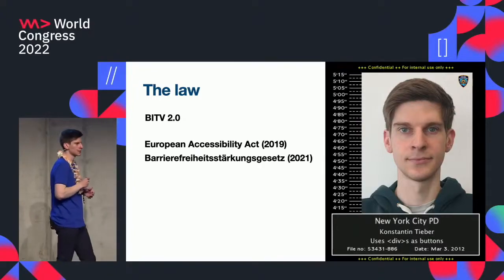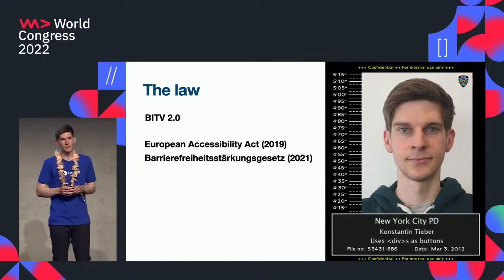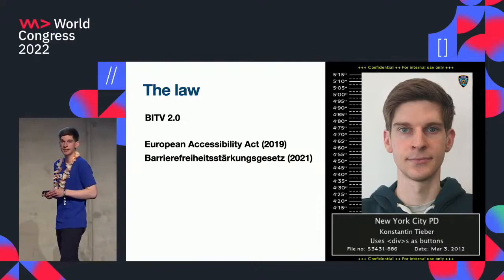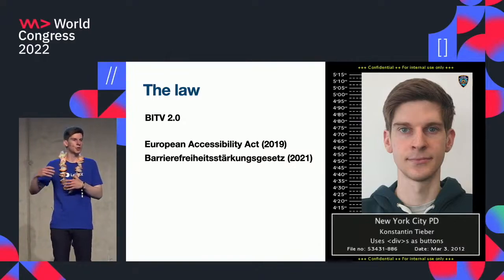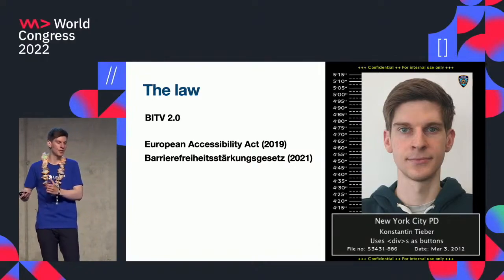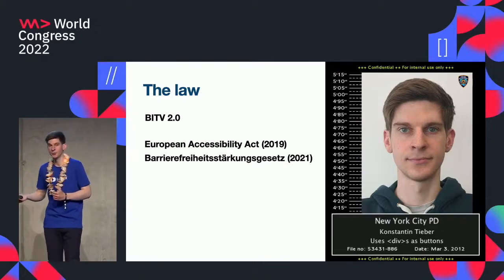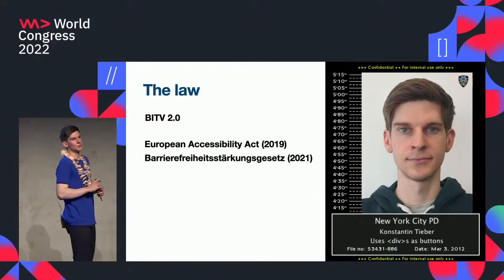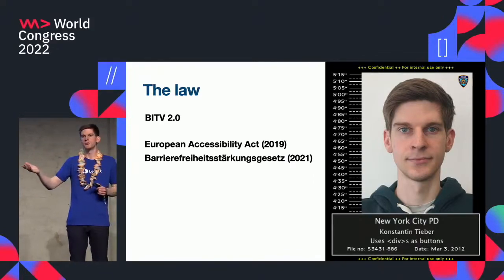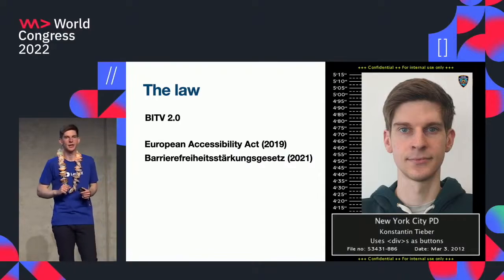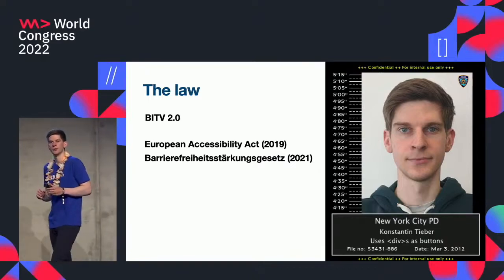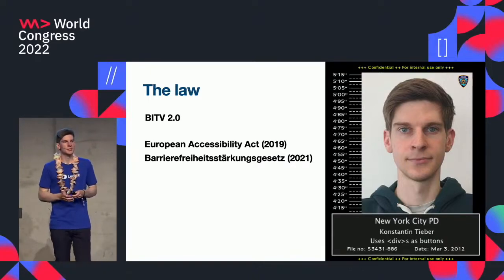Some new advancements come through the European Accessibility Act. That is a new guideline published by the EU in 2019, and it's already been transposed into national law in Germany with the Barrierefreiheitsstärkungsgesetz. And the Barrierefreiheitsstärkungsgesetz will result in, for example, if you want to launch an e-commerce website in 2025, you cannot launch it without it being accessible based on the World Wide Web Consortium standards.